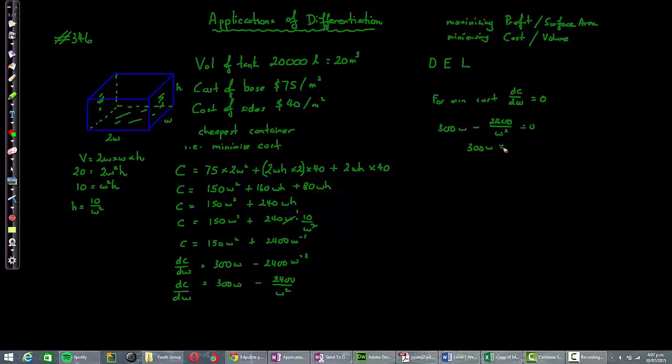Yeah, you could put it over a common denominator and all that lovely stuff, but this is simpler. If you cross multiply here, you get 300 W cubed equals 2,400, and if you divide both sides by 300, you end up with a very nice little equation. W cubed equals 8, and therefore W equals 2.